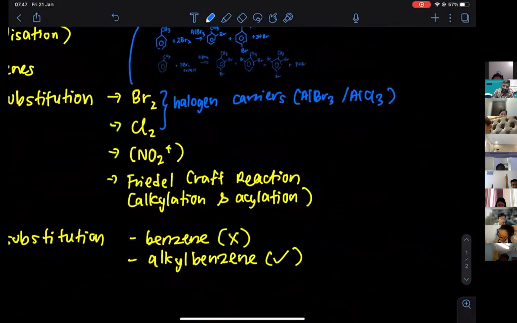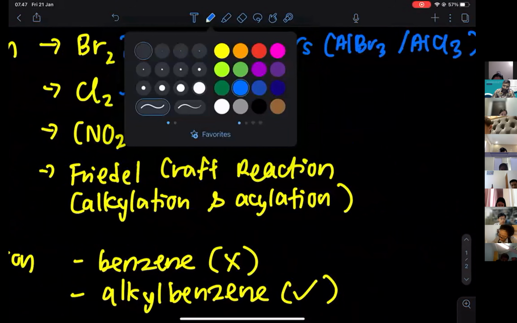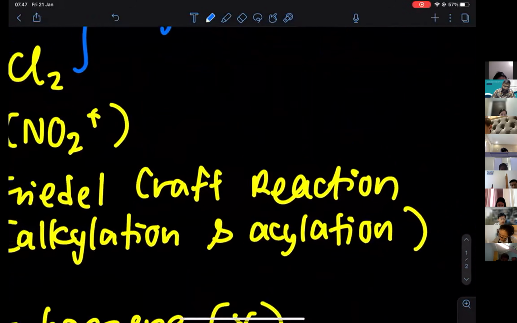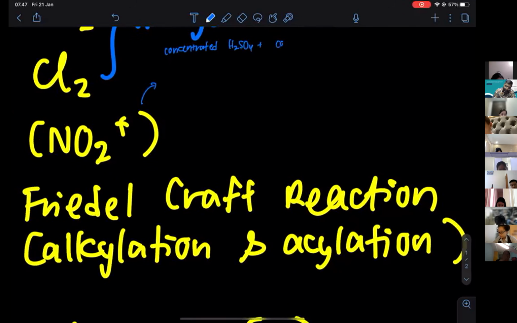Now, when it comes to NO2, it's still the same. So I'll just write down for you the mechanism of the reaction. Do remember that for NO2, the electrophile you need to prepare with concentrated H2SO4 and concentrated HNO3 at 55 degrees Celsius.